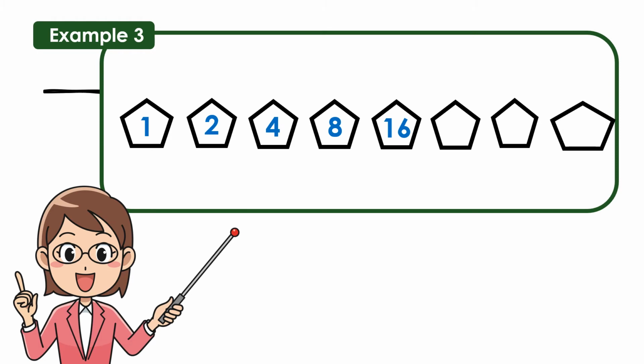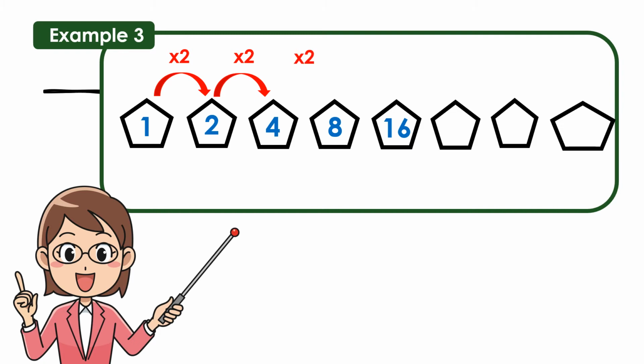Observe that if we multiply 2 to the first term, we get the second term, which is 2. If we multiply 2 again to the second term, we get the third term, which is 4.